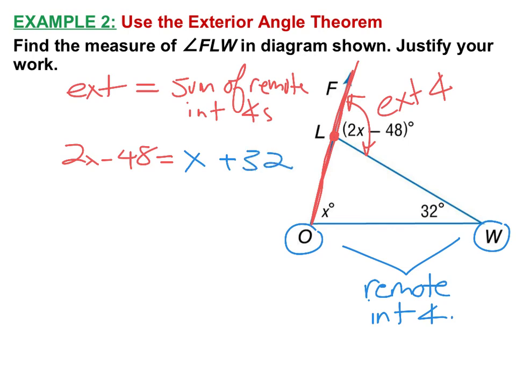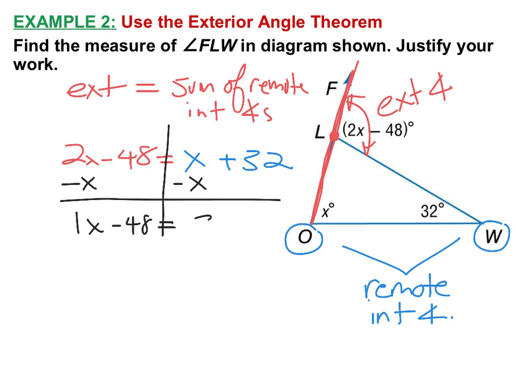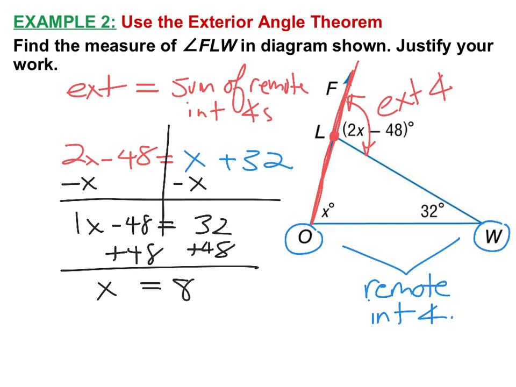Now we just have to solve this equation for x. We subtract x from both sides. Then we add 48 to both sides. So now we're just doing pre-algebra, solving for x. And x is equal to 80, and that is a degree measure.